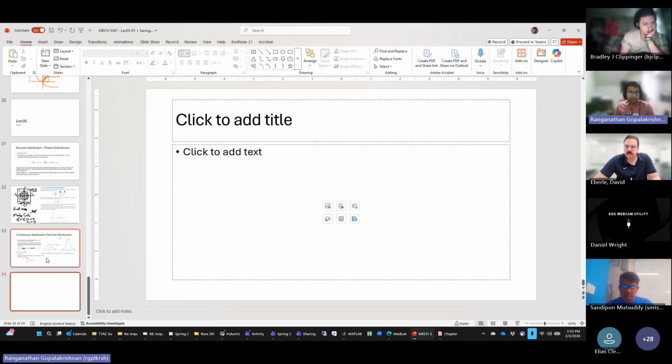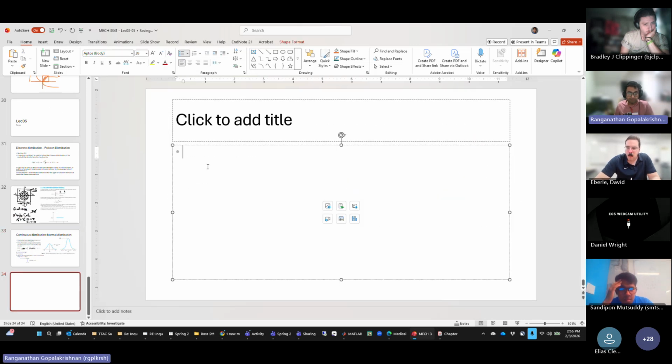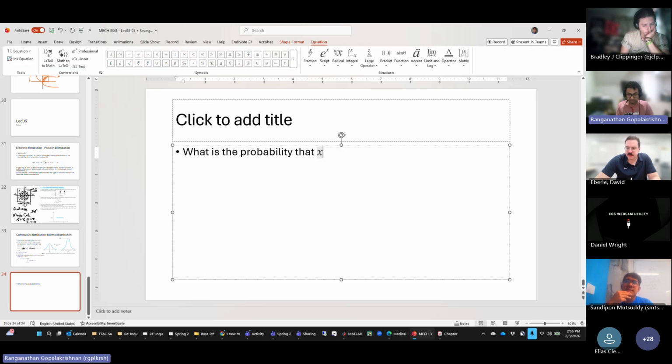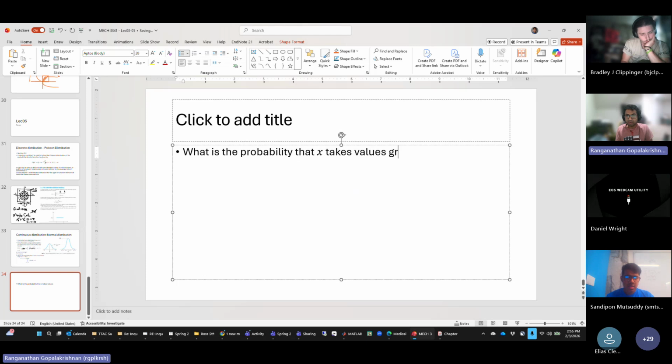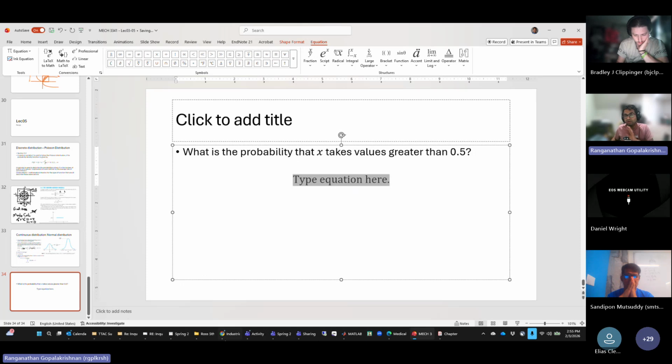What is the probability that x takes values greater than 0.5? I don't need numbers, I need an expression. What should I calculate? X takes values greater than 0.5.